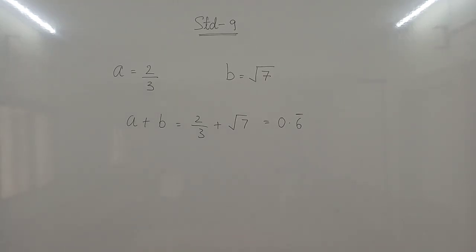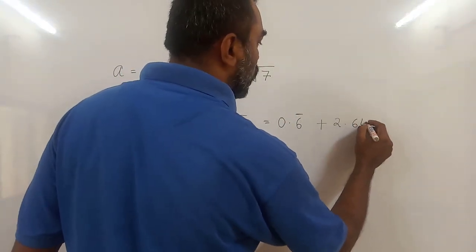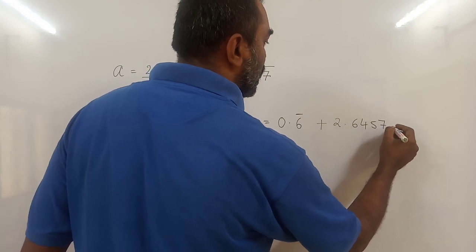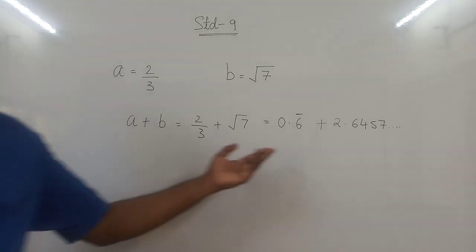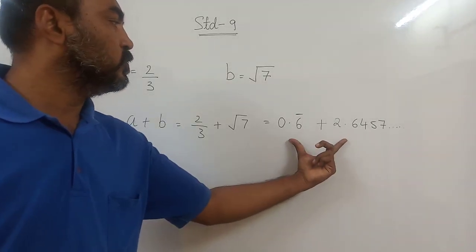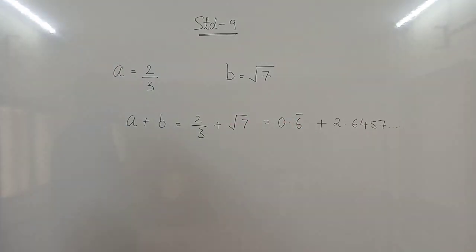The value is 2.6457, and these values are not recurring. Because they are not recurring, I cannot do the addition. I can only get a rough approximation, but I cannot do the addition.